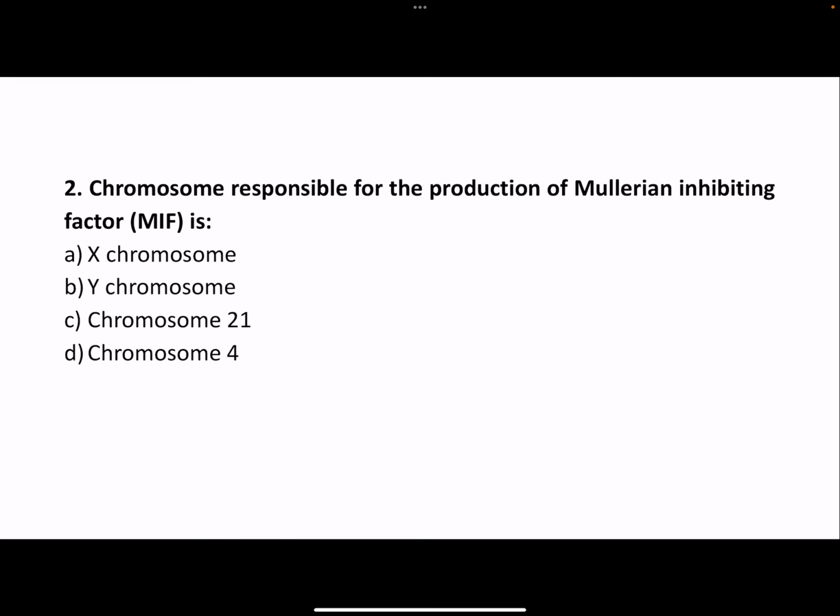Now come to question number 2. The chromosome responsible for the production of Mullerian inhibiting factor is. So the answer is that the Mullerian inhibiting factor is produced by the Sertoli cells in the testis.